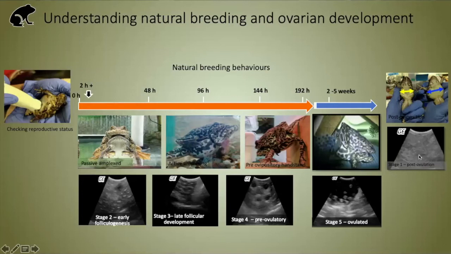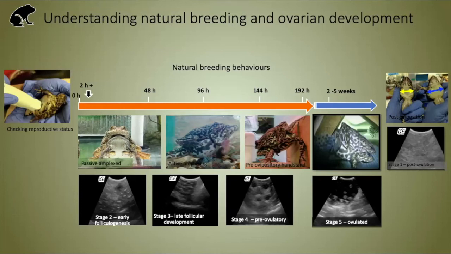I've called it stage 1 just because it's the beginning and the end. Stage 2 is your early follicular genesis, and from stage 2 through 4, females can come out of brumation at any one of these 3 stages. All that means is that if you come out of brumation at a stage 2 and you're amplexed by a male, you're going to take longer to spawn than if you come out already at stage 4.